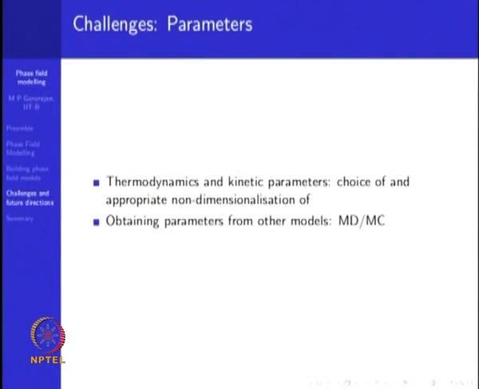There are also other challenges in terms of what parameters go into the phase field model and why, and how do we obtain them from, if not from experiments, from other modeling techniques like atomistic models. Can we get the parameters, put them in the phase field model, do the microstructure, get the microstructural information, and put it in a finite element model?